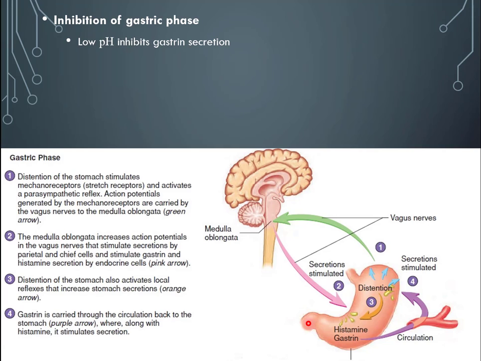Whenever the first chyme reaches the duodenum, that's when we practically feel we are already full. The faster you're eating, it gets to that part of the pyloric end almost at the same time. From the start of eating food, about 10 to 15 or 20 minutes, it goes right there.